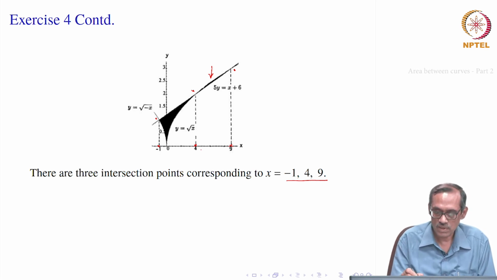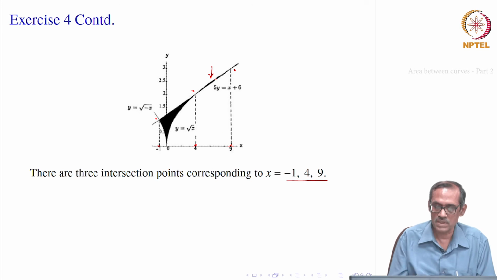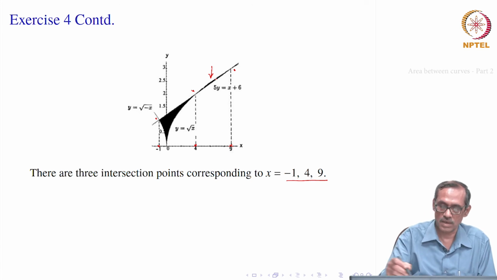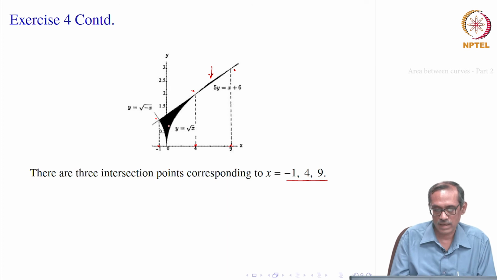Of course, one from 4 to 9 will be straightforward. The top line which is straight line and bottom is the curve. So, we can just integrate it, but this one, the bigger black region has to be broken out again, right.